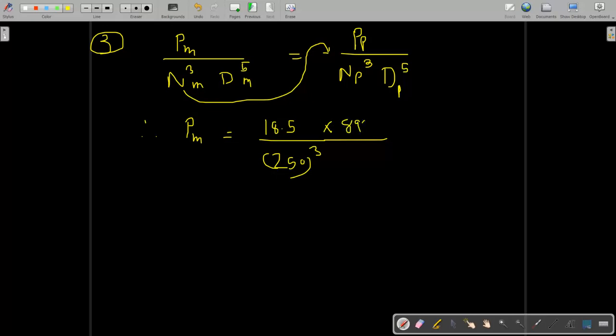Okay, 893 whole cube into this ratio diameters of model upon prototype whole power 5. You will find here the power as 269.7 kilowatt. Okay, so this is the power output from the model turbine.